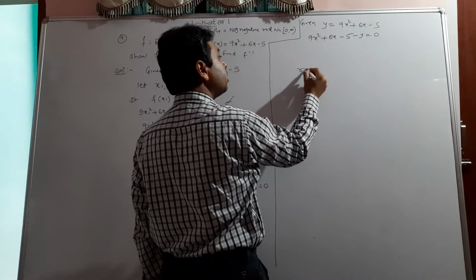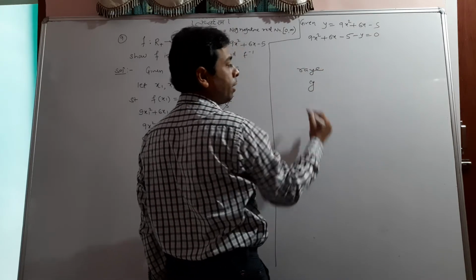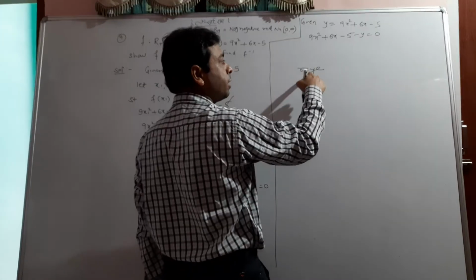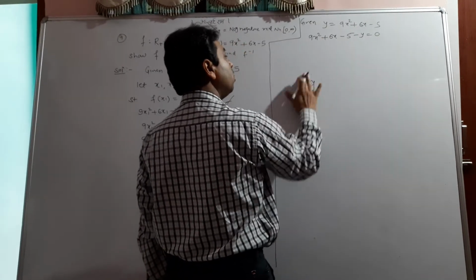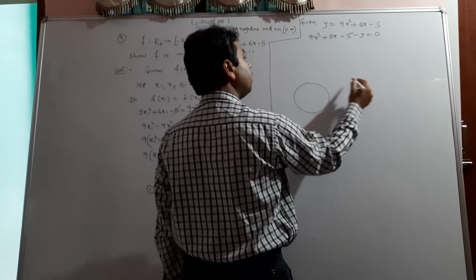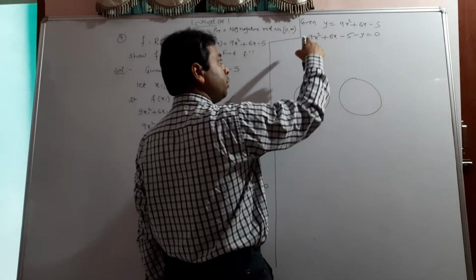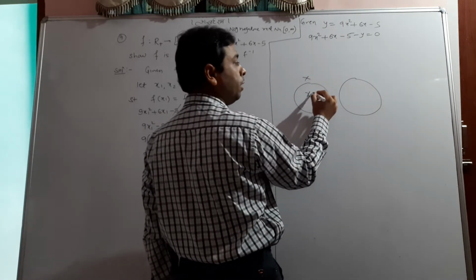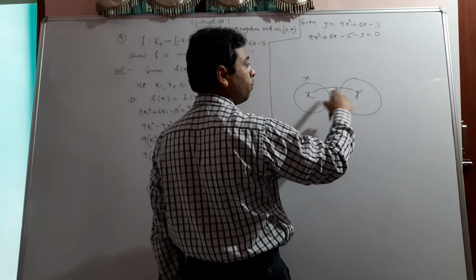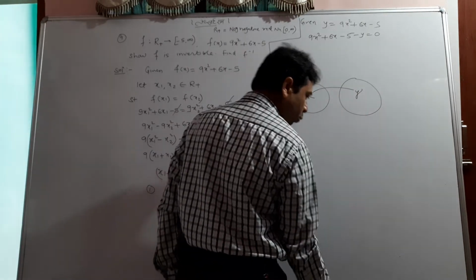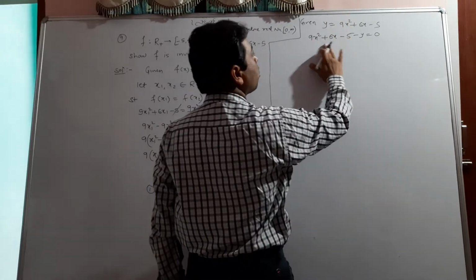Range means we will find the set of y which satisfy the equation. If you are still confused, the elements x which satisfy the function are called the domain, and all the elements y which satisfy the condition of x will be the range. So how to find the range? Let me explain. First we have a quadratic equation.